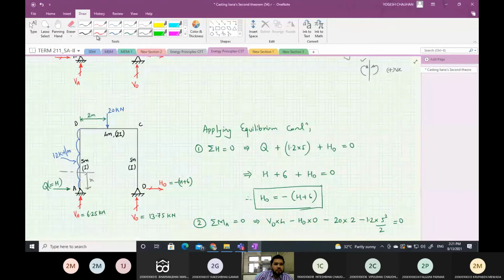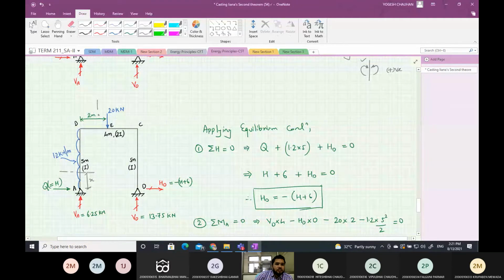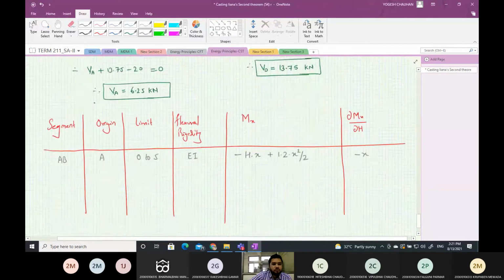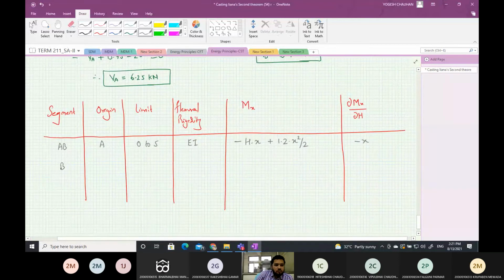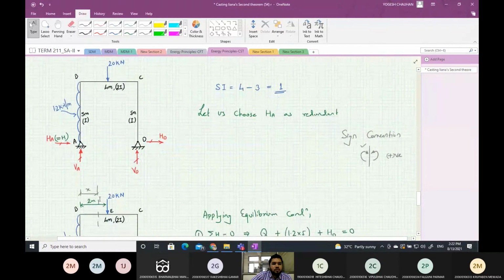Next we take segment BE. Let us call this E, because the moment equation will be different on the left of E and on the right of E. So let us take, on the left of E, a section at a distance x from B. So the moment equation will be, segment BE, origin as B, limit will be 0 to 2, because this point load is at a distance 2 meter.